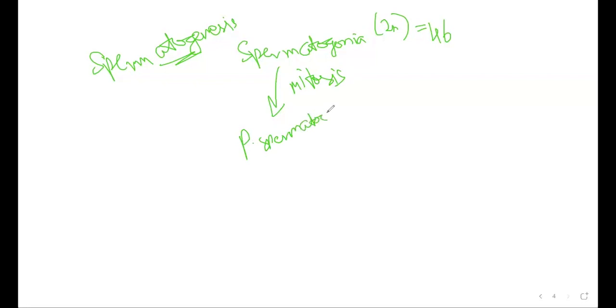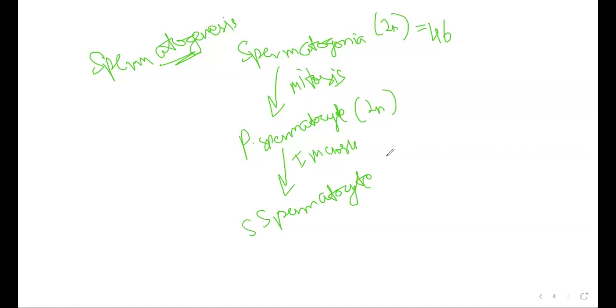It forms a primary spermatocyte. This primary spermatocyte undergoes the first meiotic division, which is a reductional division. That is, if this is 2n in number, the primary spermatocyte becomes a secondary spermatocyte, and you write S over here. It is going to have half the number of chromosomes.